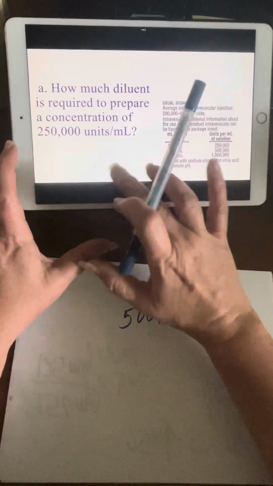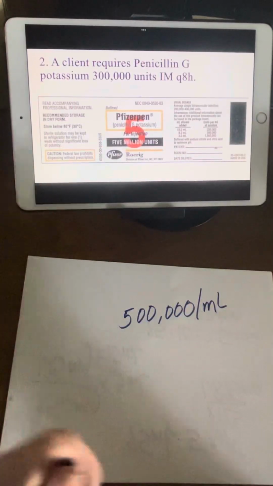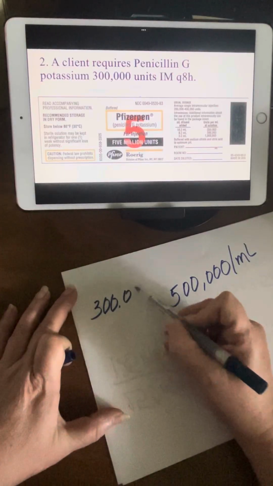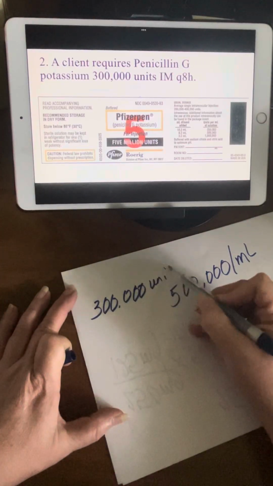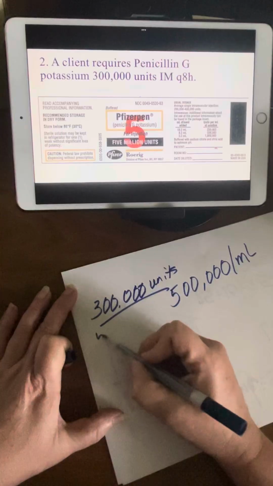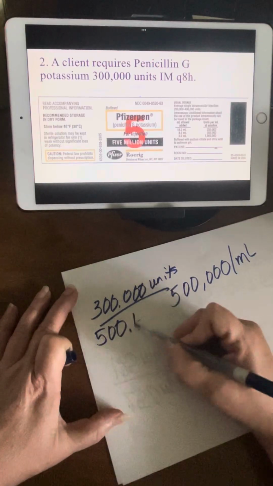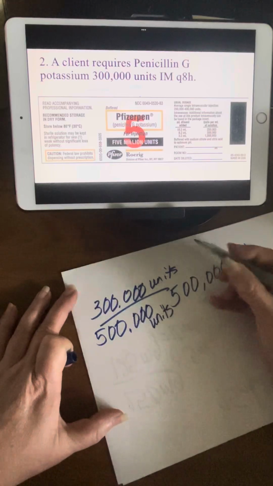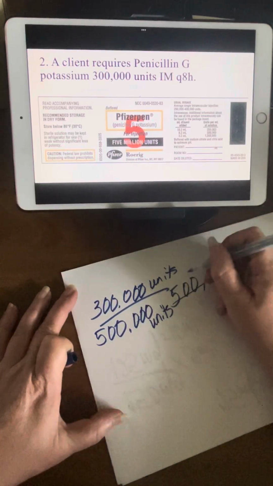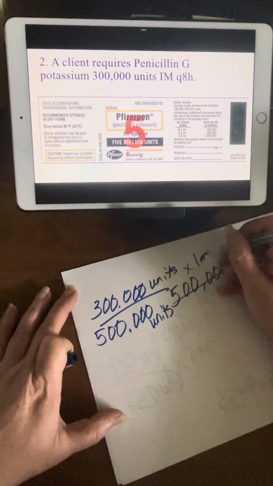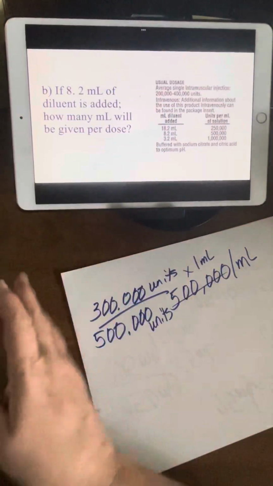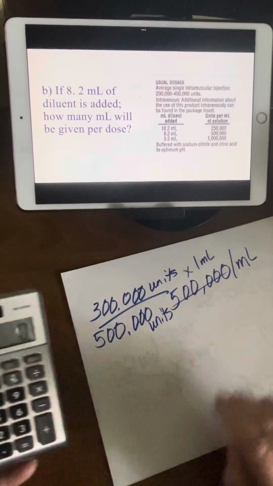So let's remind ourselves what the dose was. What he wants them to get is 300,000 units, and then we have 500,000 units per 1 ml. I know I'm going all over, but it was too small a writing.